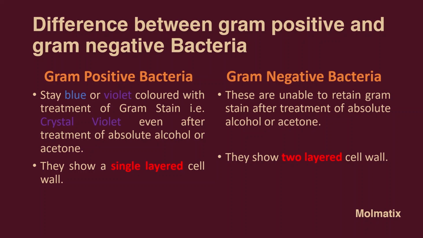This is the reason why gram negative bacteria do not bear gram stain. Then gram positive bacteria show a single layered cell wall, and gram negative bacteria show a double layered or two layered cell wall.